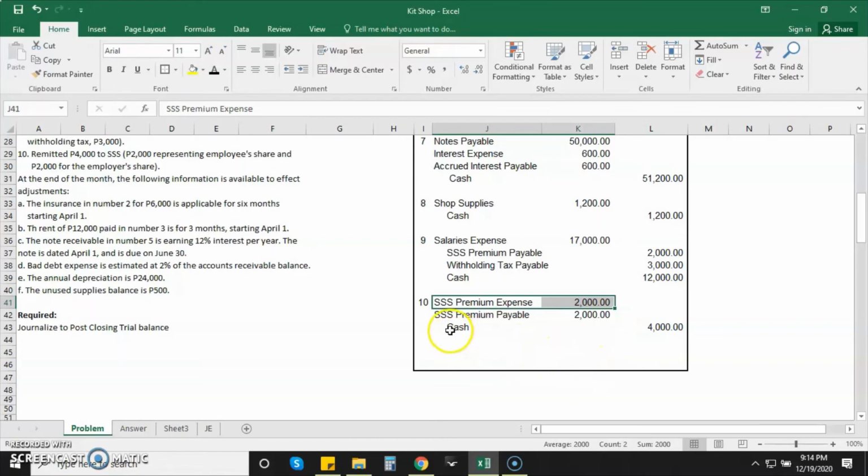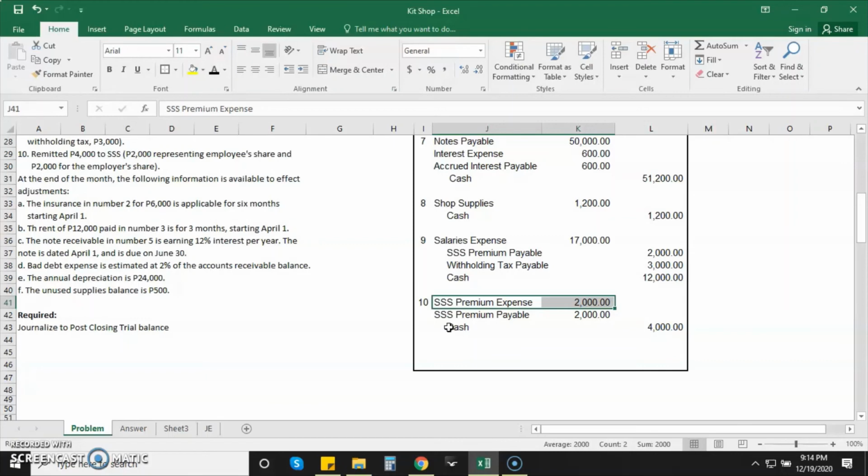So, ganito kasi sa SSS, no? Kung ang sahod mo ay 10,000 at binawasan ng 300 yung sahod mo for SSS, hindi naman 300 ang maire-remit kay SSS. It's more than. So, 300 plus 600, siguro mga 900 ang i-remit ni Kitshop kay SSS.